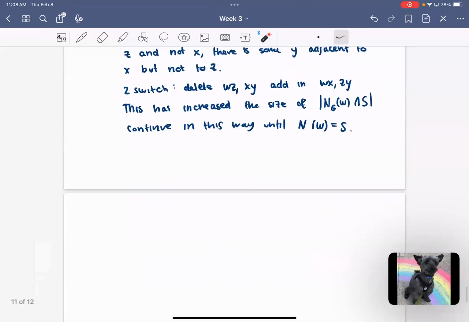So since the neighborhood of W in G star is equal to S, which is also equal to the neighborhood in H star of W, if we delete W, that leaves us with two simple graphs that have equal degree sequences.